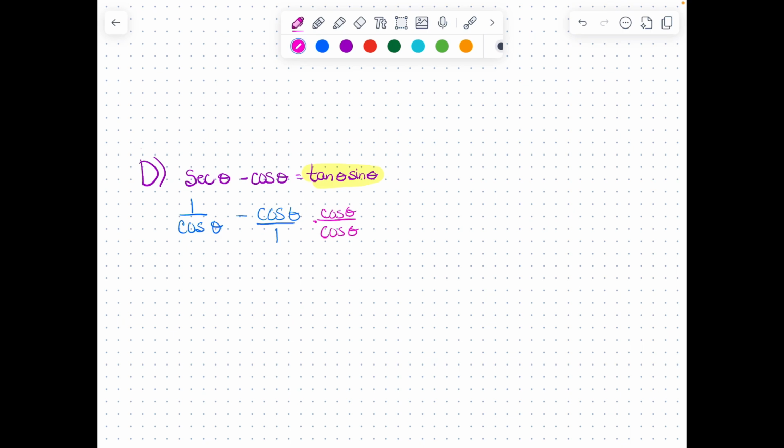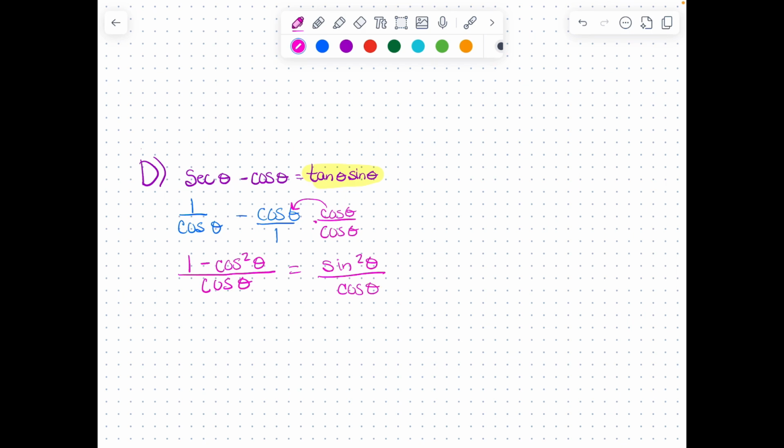And so what I get up here, once I do that, is a common denominator now of cosine theta on the bottom. And then on the top, because I multiplied it here, this turns into a square. So it is 1 minus cosine squared theta. And that 1 minus cosine squared theta actually equals sine squared theta, because that's the Pythagorean identity. And then the cosine stays on the bottom.